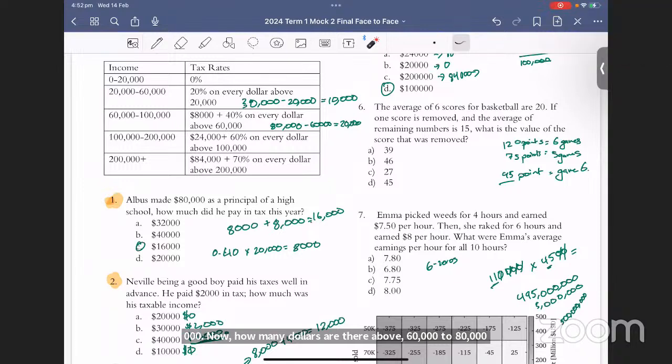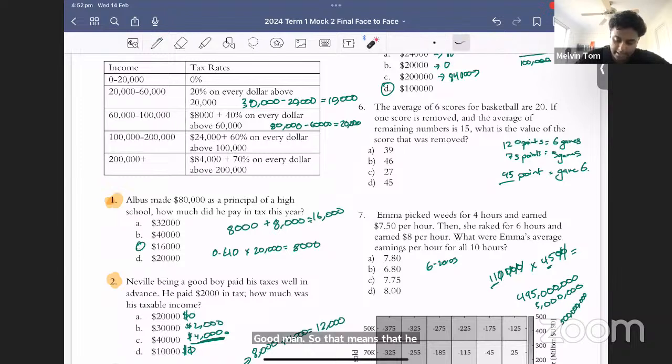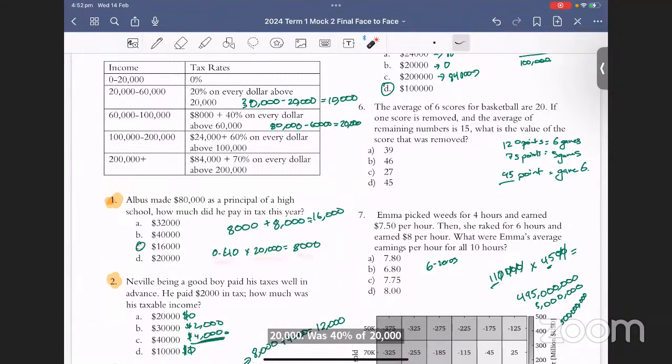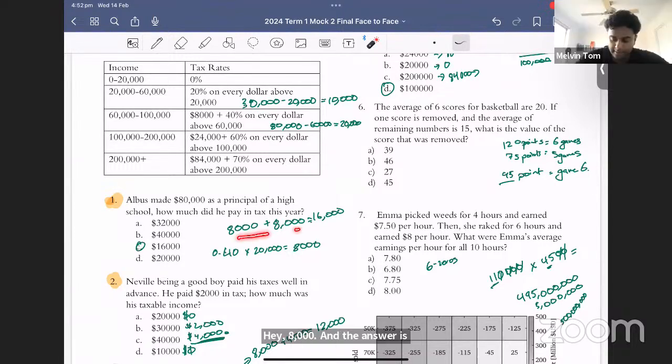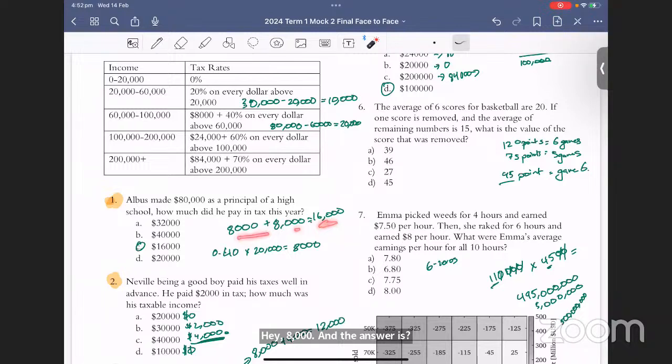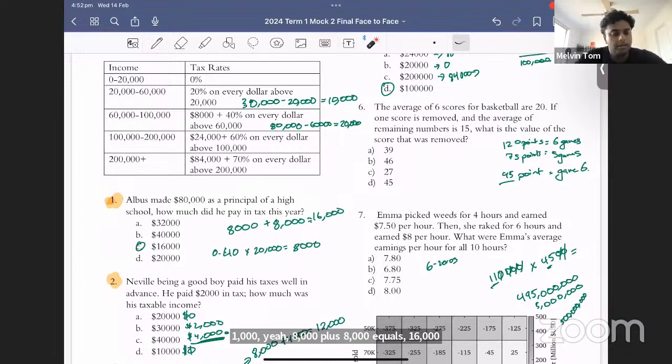Good man. So he pays $8,000 plus 40% of 20,000. What's 40% of 20,000? 8,000. And the answer is? 8,000 plus 8,000 equals 16,000. All right, that's it.